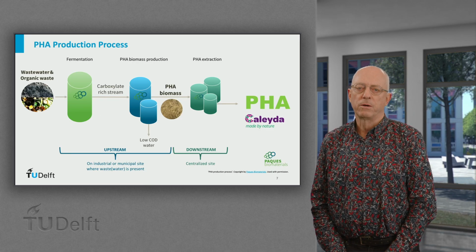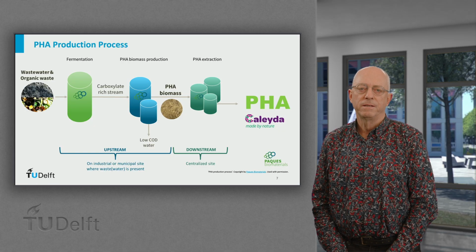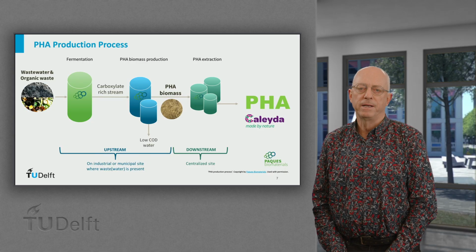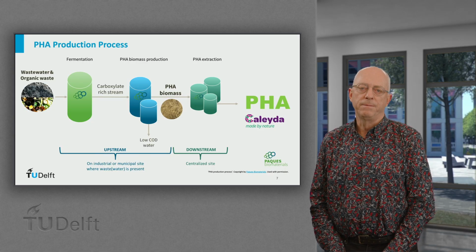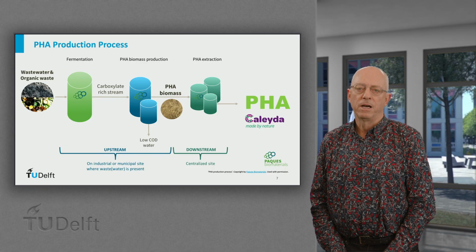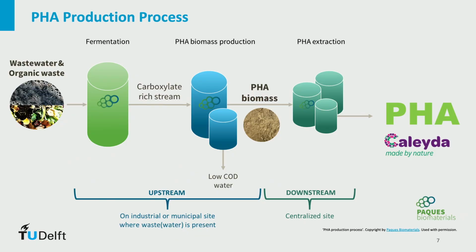Let's look at a real example of PHA production developed at our university, now commercialized by Paques Biomaterials under the product name Caleida. Here's how the process works. First, organic waste is fermented into volatile fatty acids or carboxylates. These fatty acids are then fed into a feast-famine bioreactor where we select bacteria with a high PHA storage capacity.